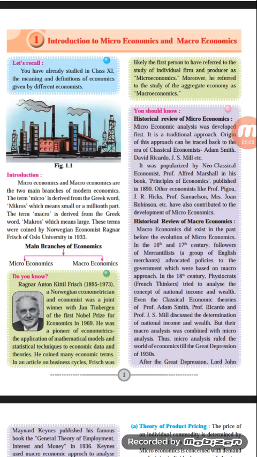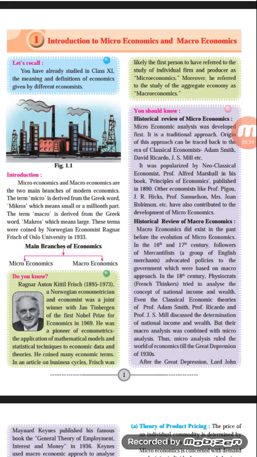So the person who has developed this kind of mathematical tool and model, we call that particular person an econometrician, and Ragnar Frisch was an econometrician. He was a joint winner of the Nobel Prize in the year 1969 with Jan Tinbergen. He coined many economic terms.